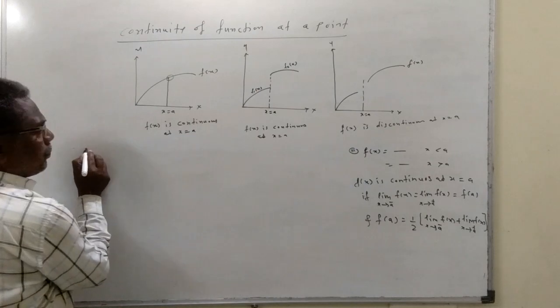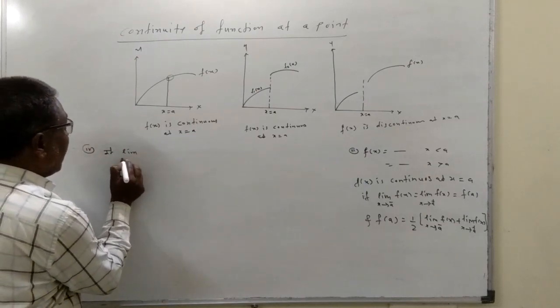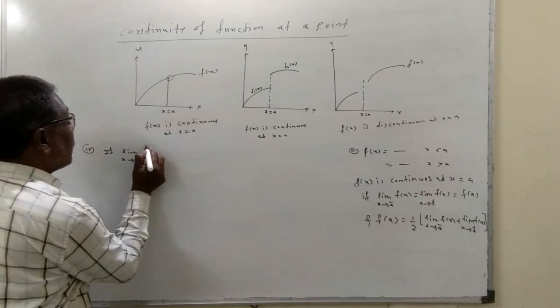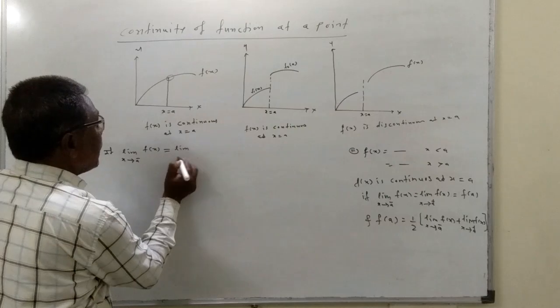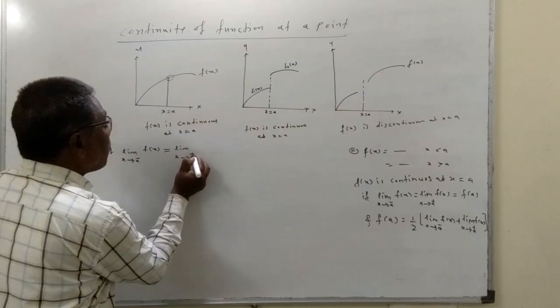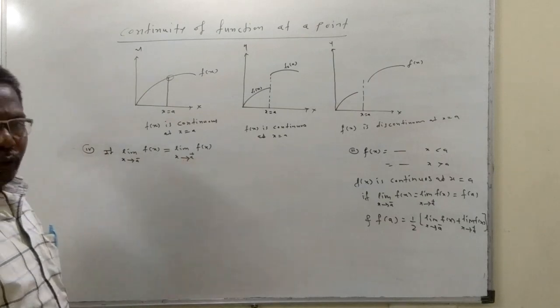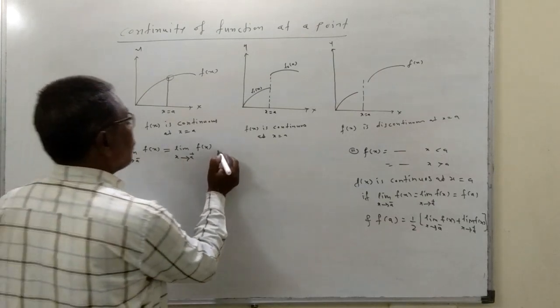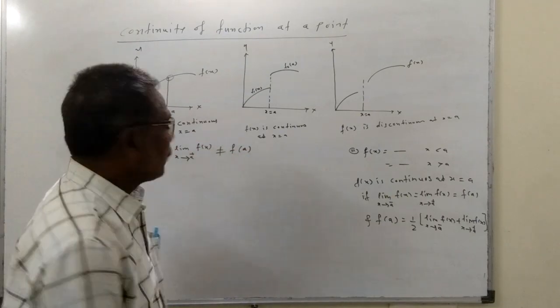Now suppose limit x tends to a minus f of x is equal to limit x tends to a plus f of x, meaning the left hand limit equals the right hand limit, but this is not equal to the value of the function.